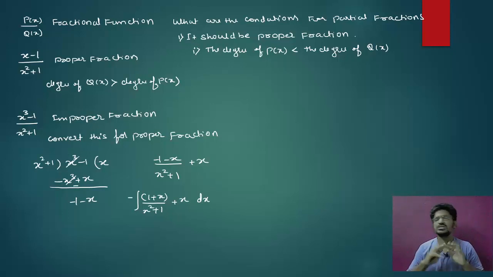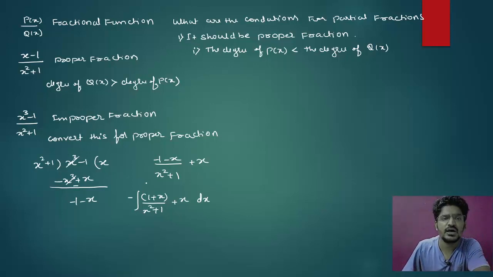So these are the three things. You have to understand what is linear non-repeated and linear repeated, and quadratic roots. It is a very simple concept. I will explain, don't worry, and by that you can understand how to simplify partial fractions.